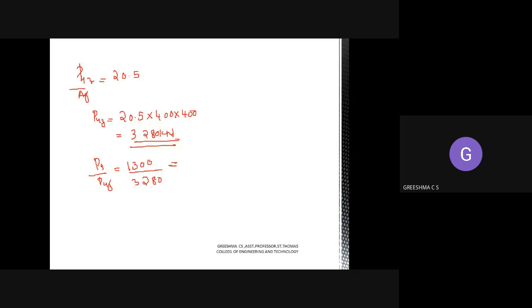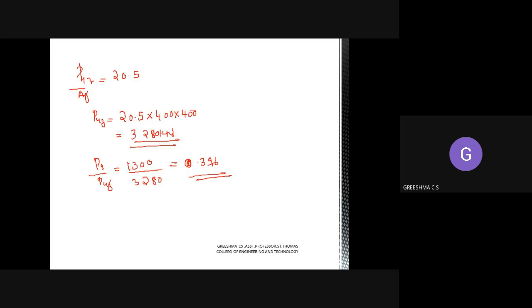So how much is the value? 1300 divided by 3280, somewhat 0.4 something, 0.4 or 0.3 something you will get. How much is the value? Tell fast. PU divided by PUZ, 0.396. Okay, 0.396.